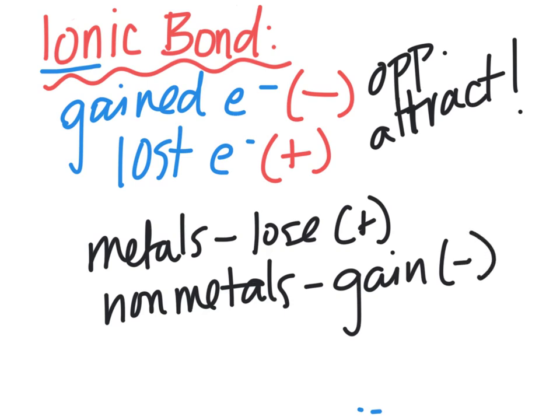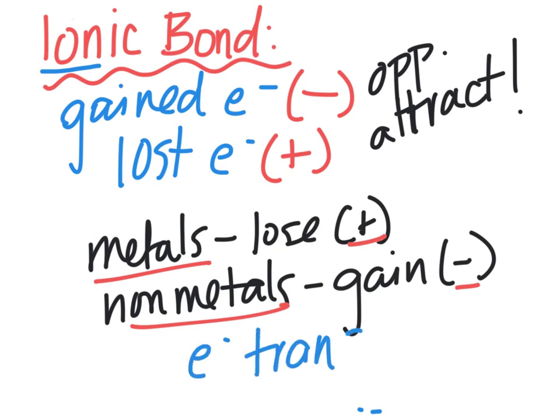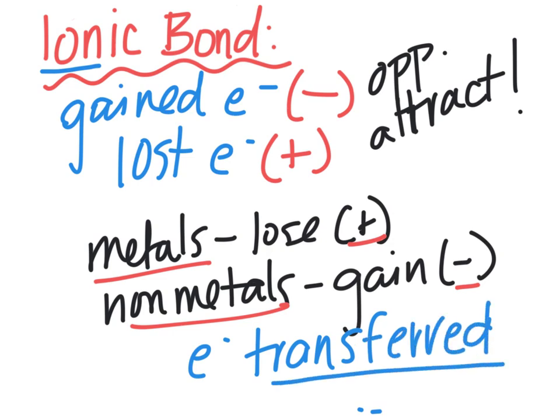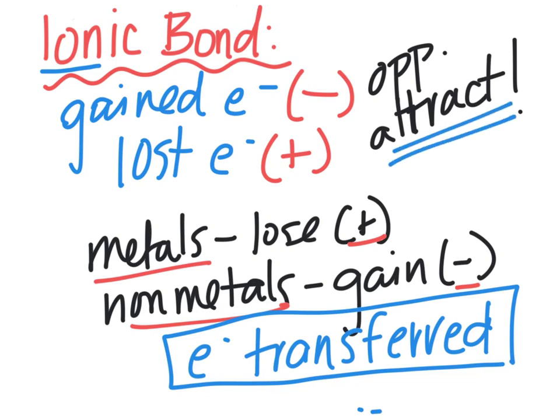These two common categories, metals and nonmetals, create opposing charges perfect for an ionic bond situation. When this occurs, we say in an ionic bond, electrons are transferred. It's our key word for ionic bond. Electrons are transferred from one atom to the next. When the transfer occurs, so do the charges, causing the ionic bond.